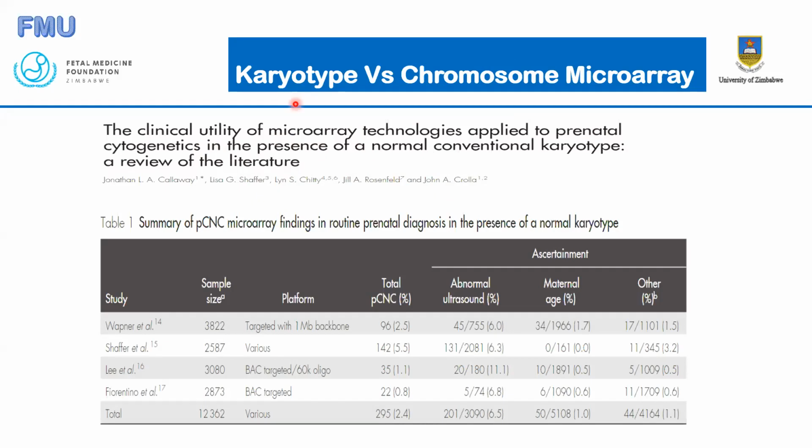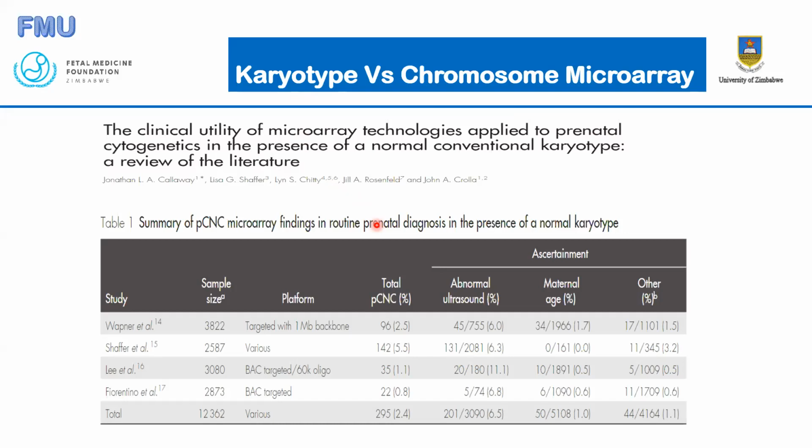And they looked at the clinical utility, to say, if you meet a baby with a fetal defect where the karyotype has been reported as normal, what percentage of babies will have an abnormal result if you do a microarray? I will describe what a microarray is later on.